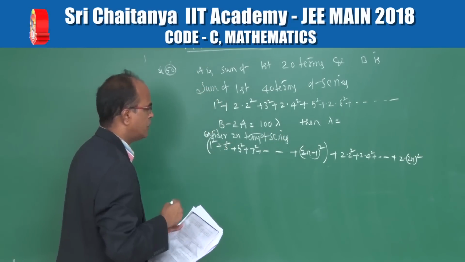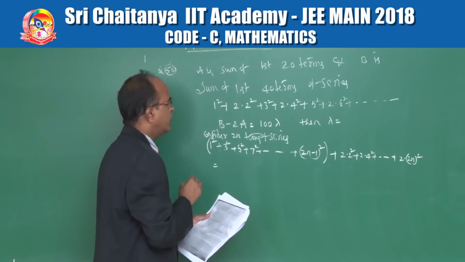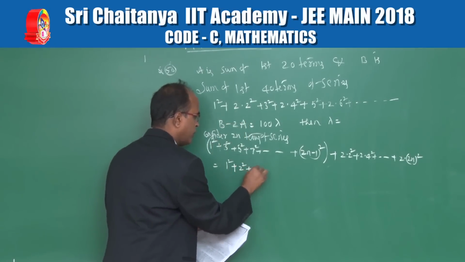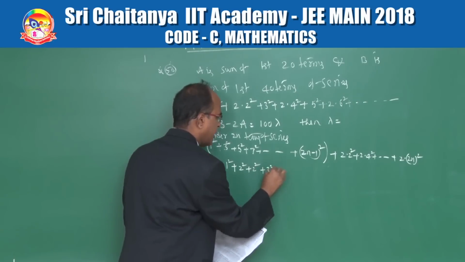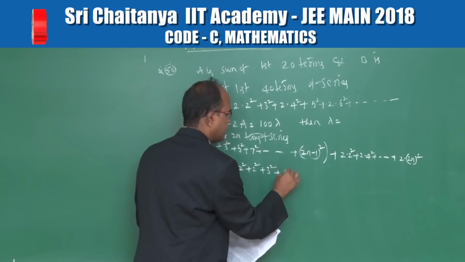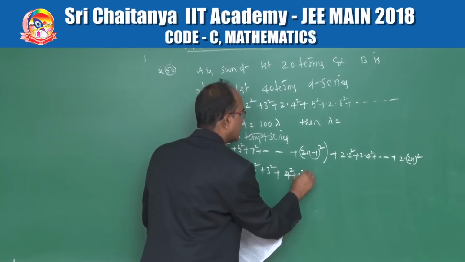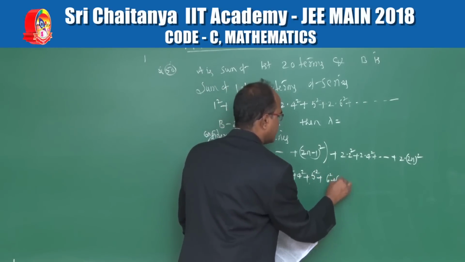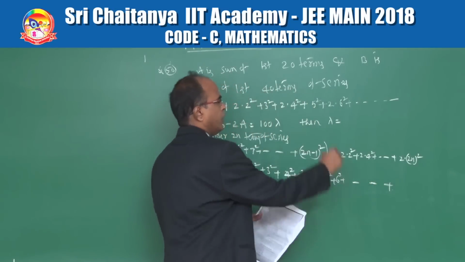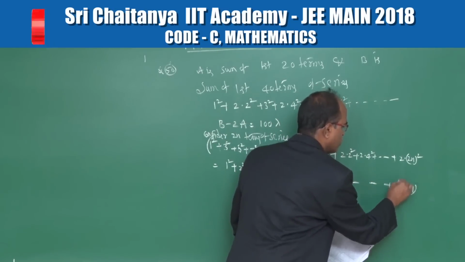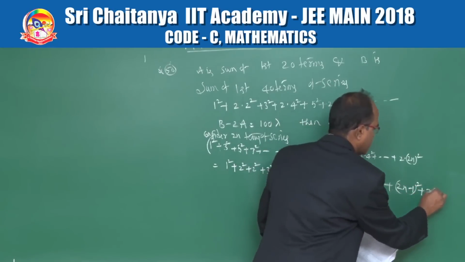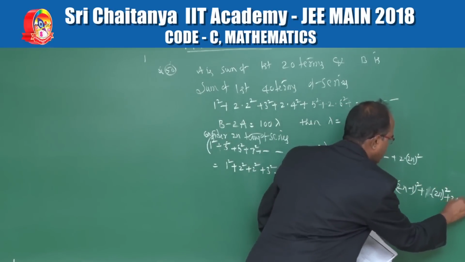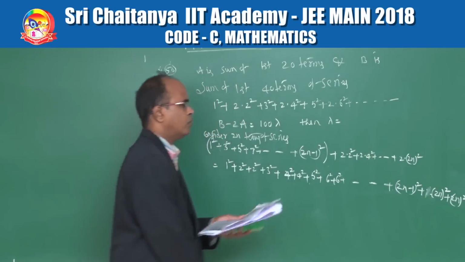This can be simplified by noting that we write 2×2² as 2² + 2², 3² as it is, 2×4² as 4² + 4², 5² as it is, plus 6² + 6², etc. Then we have the last two terms, (2n−1)² + 2×(2n)², and this 2×(2n)² can also be written as (2n)² + (2n)².